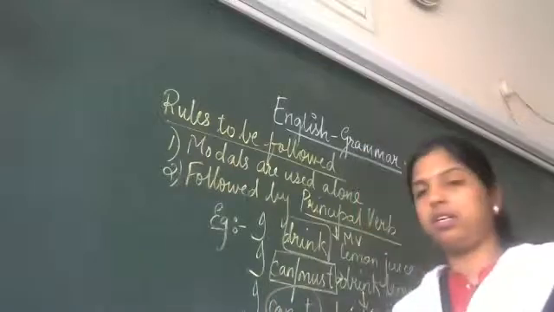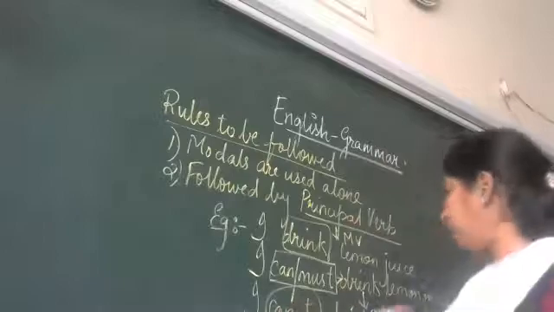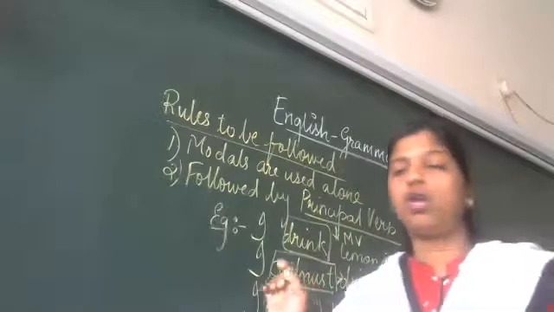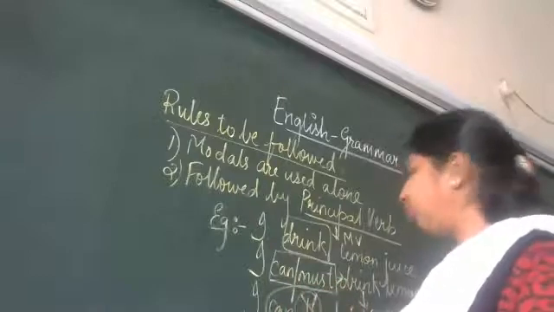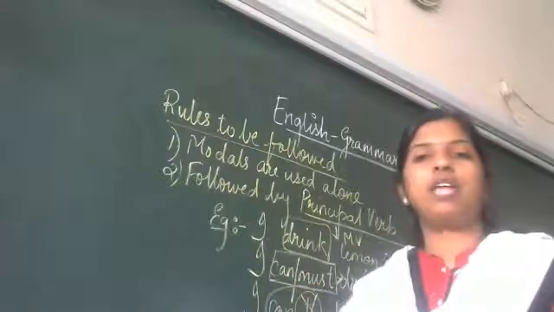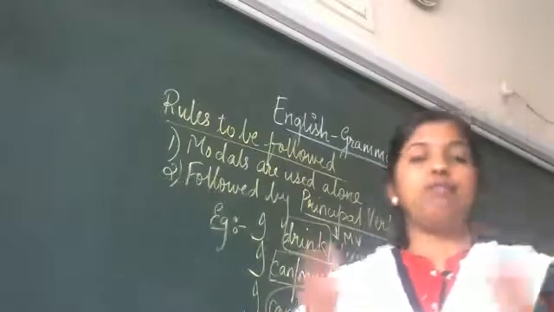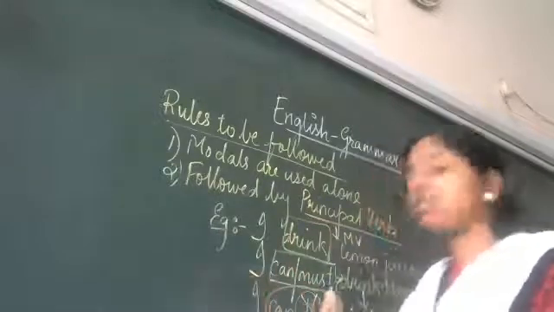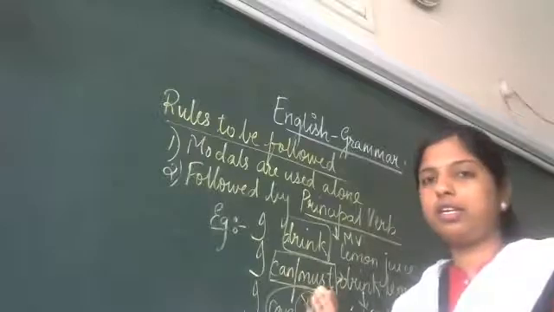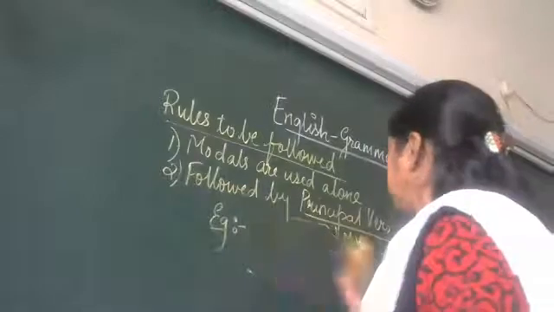Is it making any sense? No. So modals are not added with this to. They are always followed by an infinitive without to. Infinitive means the verb, without this to. Got it?